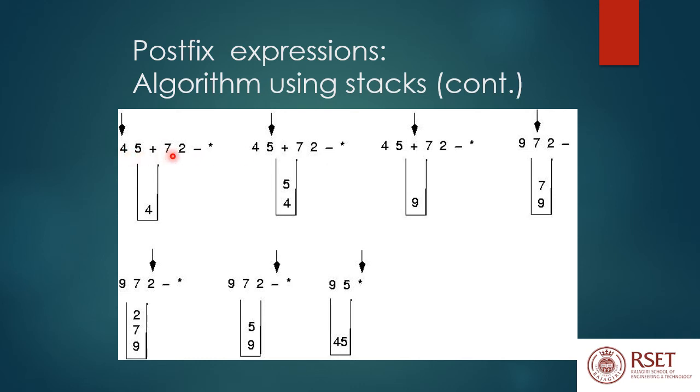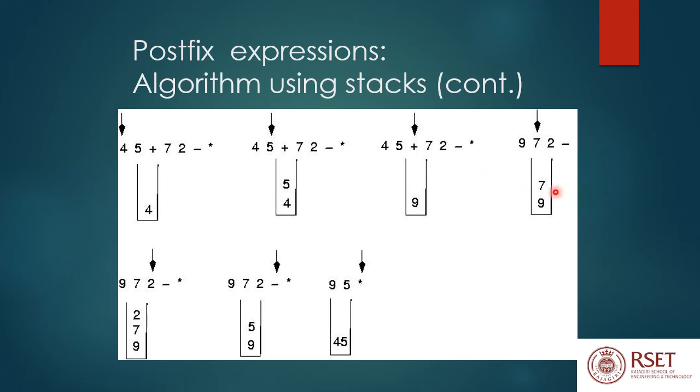You have a postfix expression 4 5 plus 7 2 minus star. You push the operands, the numbers, into the stack: 4, 5. Again, when you see plus, an operator, you pop the top two elements, 5 and 4. 5 plus 4 is 9. You push it into the stack.